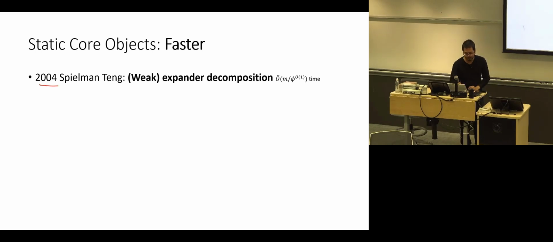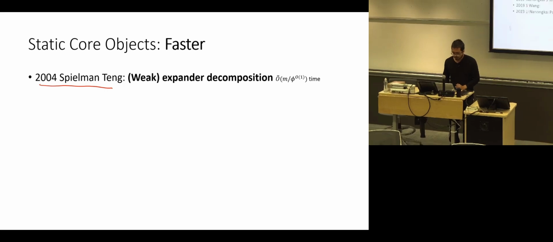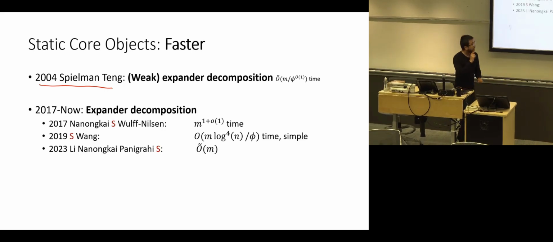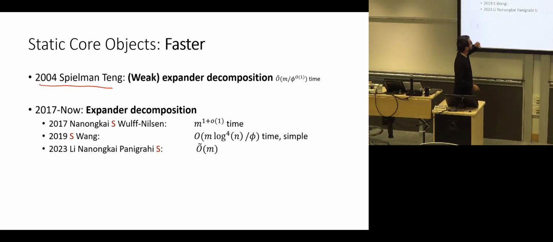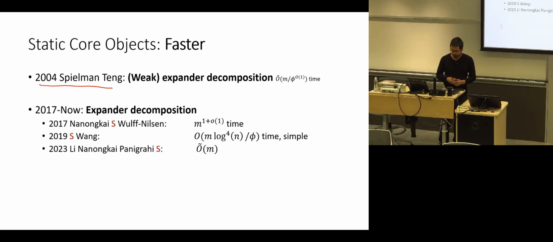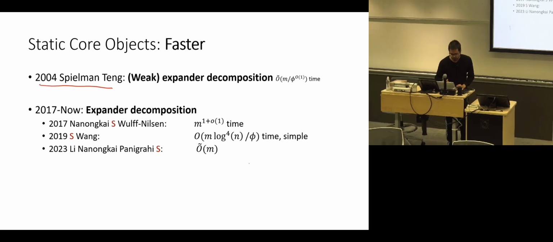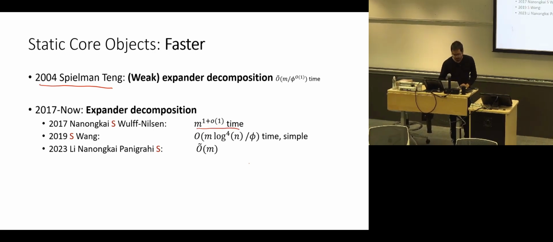It started with Spielman and Teng, right? Long time ago. But then my co-authors and I tried to get fast expander decomposition, not the weak one, but the one that we learned. And the first almost linear time algorithm is here. And then we made it faster and simpler.